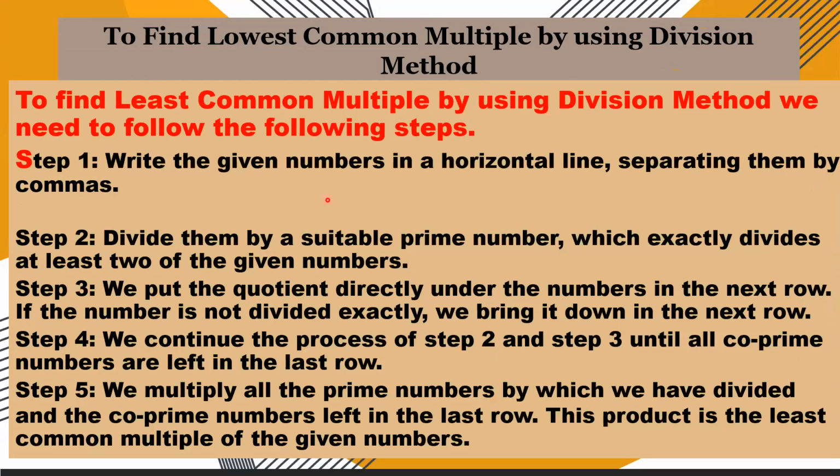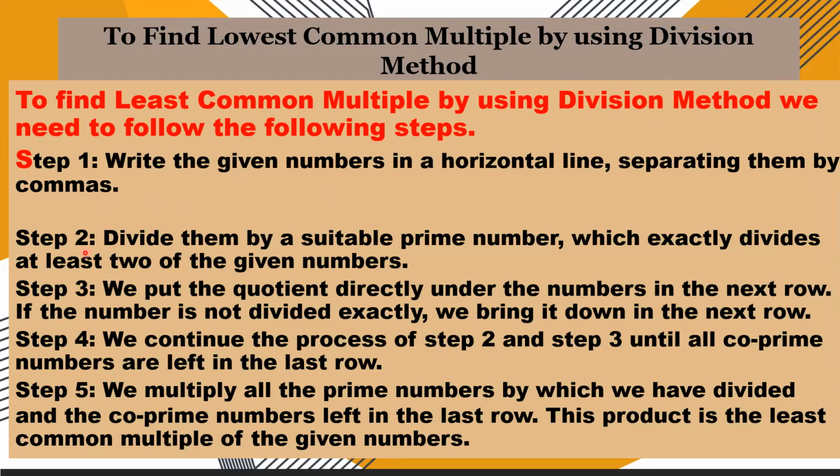How to find the lowest common multiple using the division method. To find the least common multiple by the division method, we need to follow these steps. Step 1, write the given numbers in a horizontal line, separating them by commas.